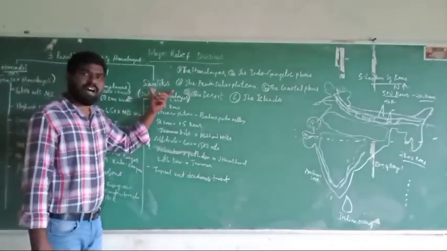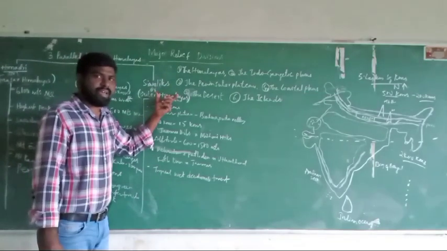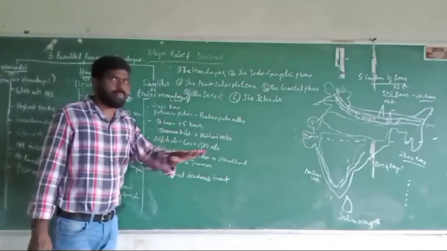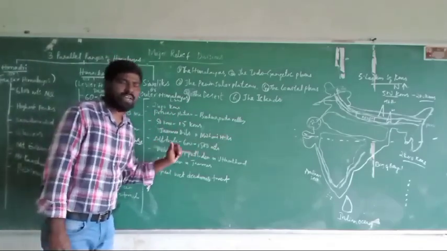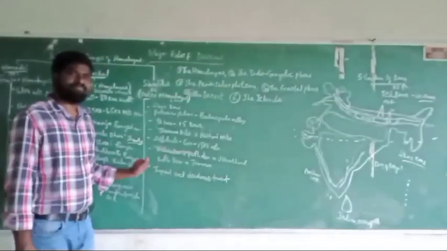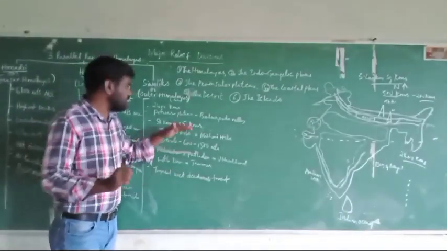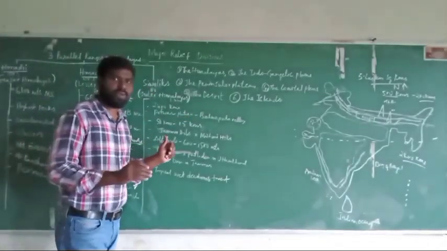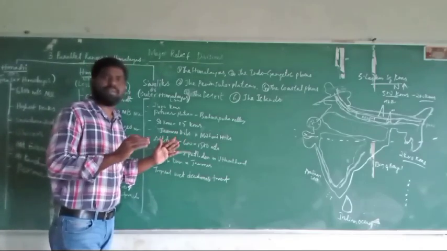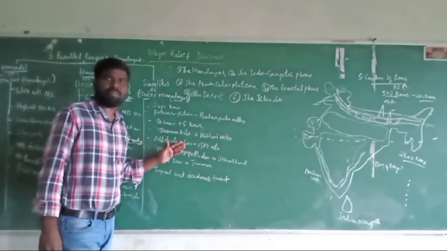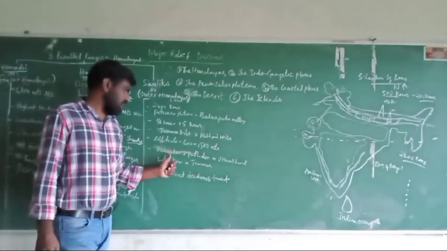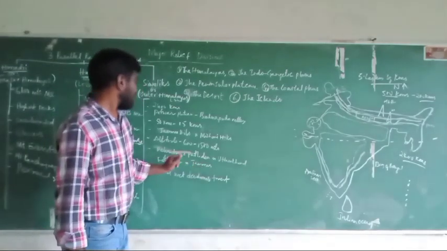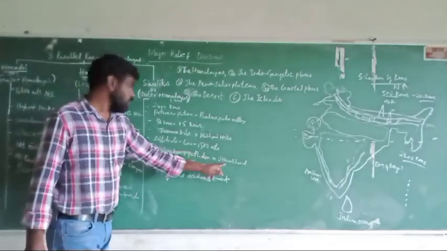These Shivaliks are backed by a discontinuous series of narrow, longitudinal, flat-bottomed valleys called duns. They are called Kotli Dun in Jammu, Dehradun and Patli Dun in Uttarakhand.